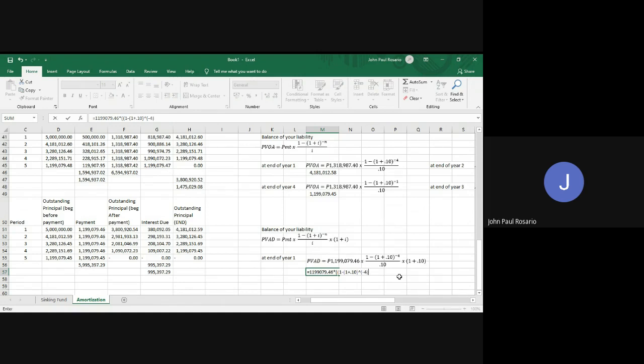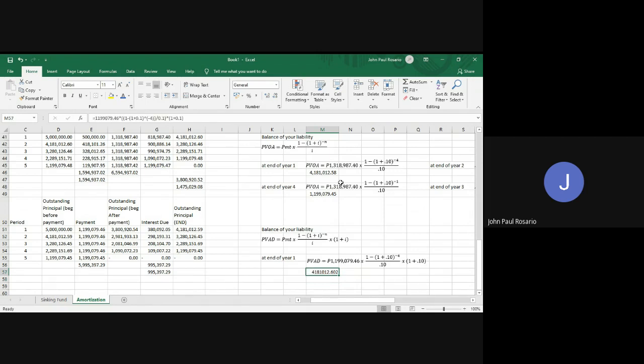Again, our period here should be the remaining payments yet to be paid, the unpaid periods. Since you already paid in year 1, only 4 payments remain. So -4. And then we divide that by 0.10 and then multiply again by 1 plus 0.10.